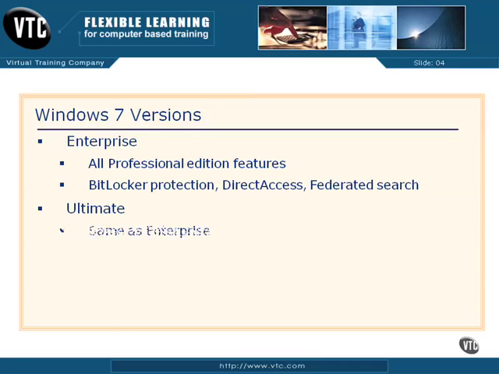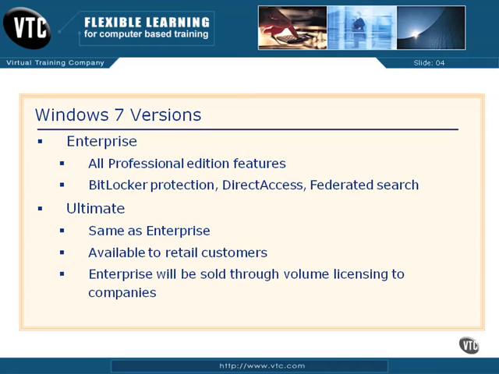Now this Ultimate has everything, the same as Enterprise. And here's the deal though. Ultimate and Enterprise are identical. The difference is that Ultimate is available to retail customers. Enterprise is only going to be sold through volume licensing to companies.